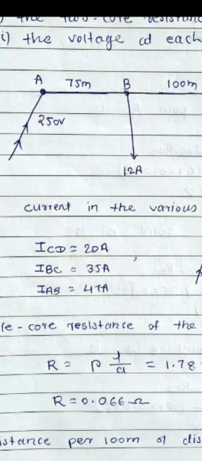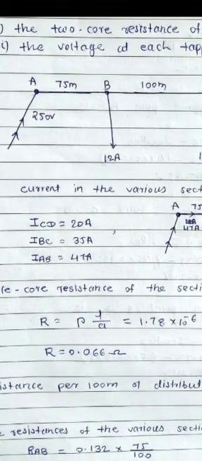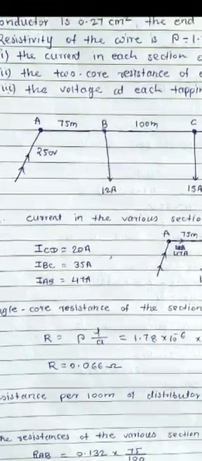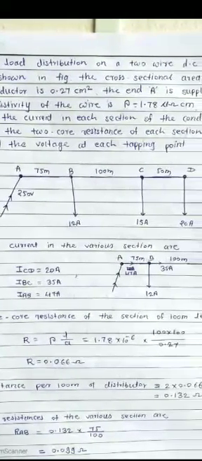Next is the single core resistance of the section of 100 meter length. So we calculate the resistance for the 100 meter length. For that, R is equal to rho L by A. Putting in the values, R becomes 0.066 ohm.